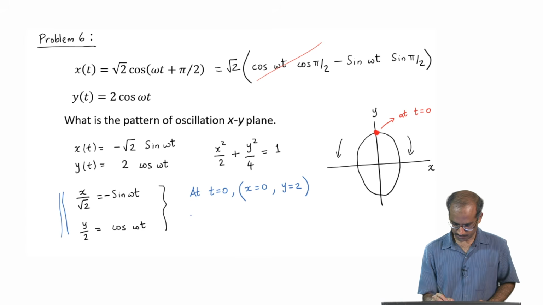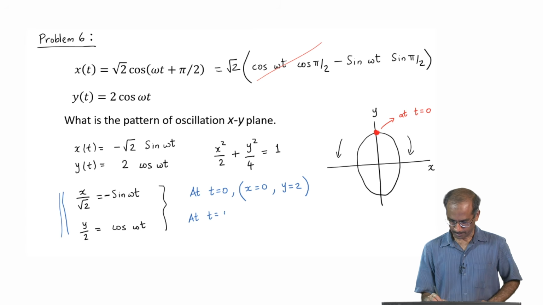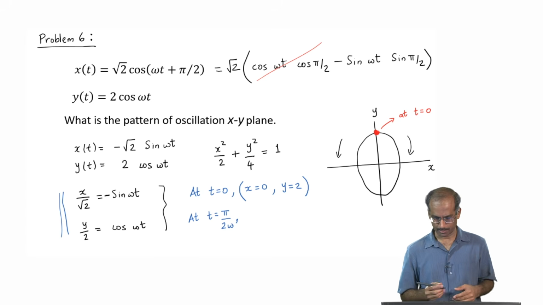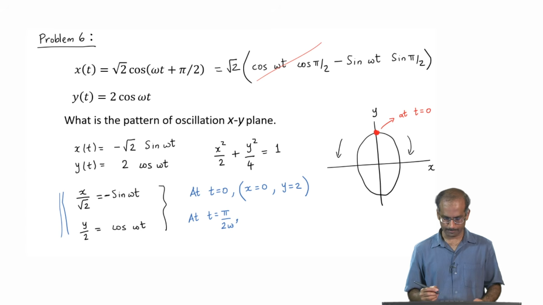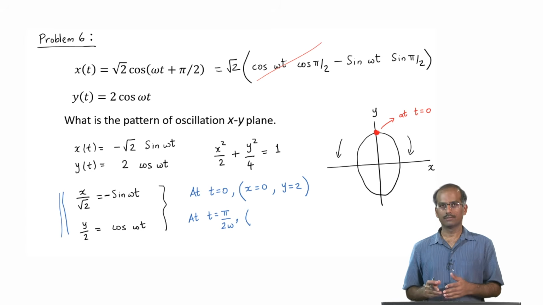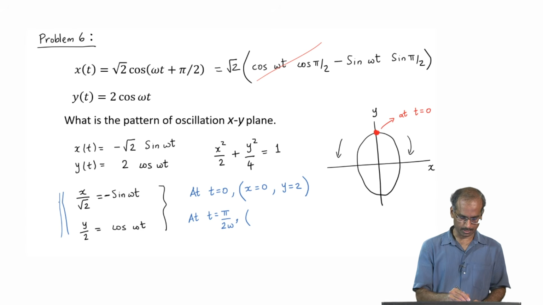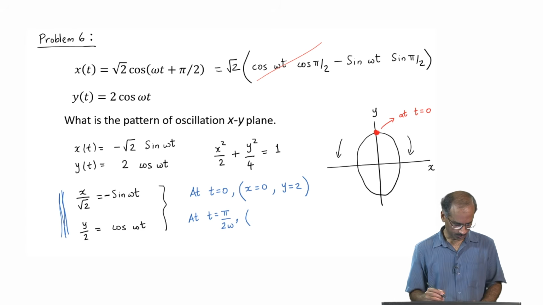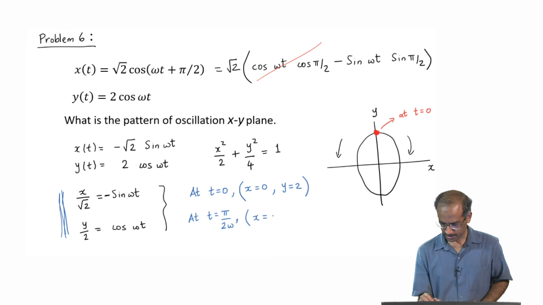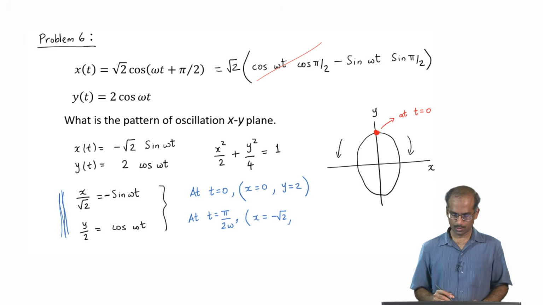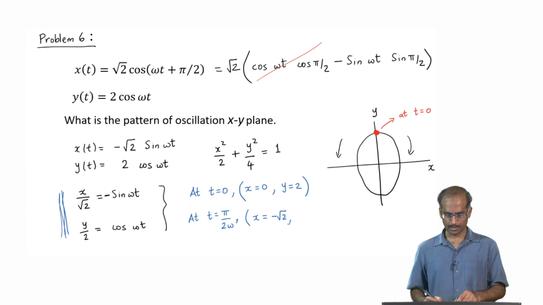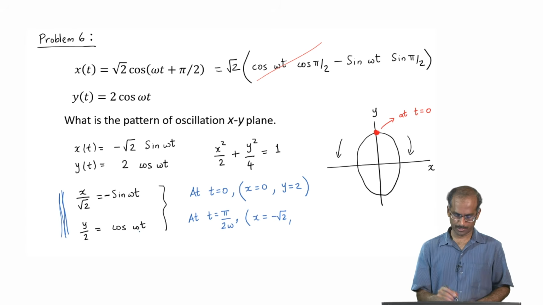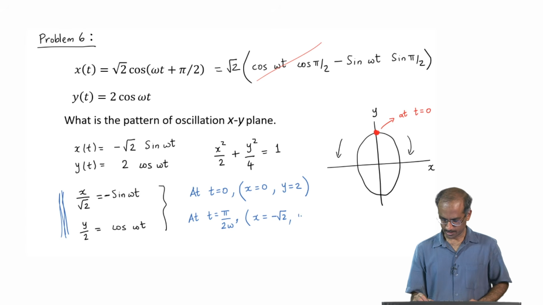Let me ask the question, where is the particle at t equal to pi by 2 omega. So, you could take any other time and do it, but I have just chosen pi by 2 omega, and if you plug in this value of t in these two equations here, that would tell you that the value of x is equal to minus root 2, and if I put in t equal to pi by 2 omega in the second one, it tells me that y is equal to 0.